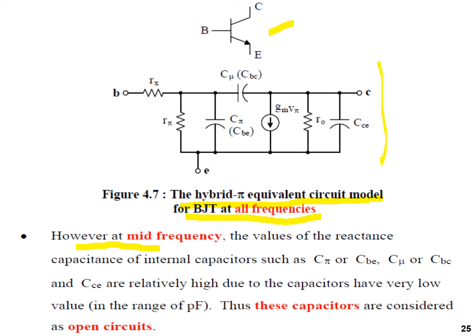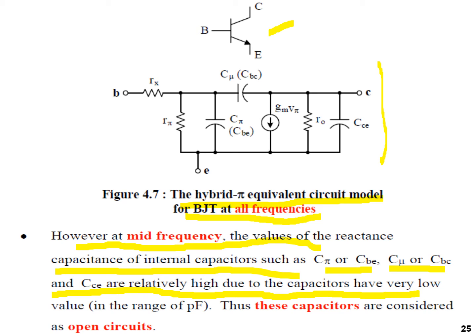However, at mid-frequency, the reactance of the internal capacitors such as C pi or CBE, C mu or CBC, and CCE is relatively high, because the capacitors have very low values in the range of picofarads, so these capacitors are considered as open circuits. These capacitors are open circuit: CBC, CBE, and CCE.